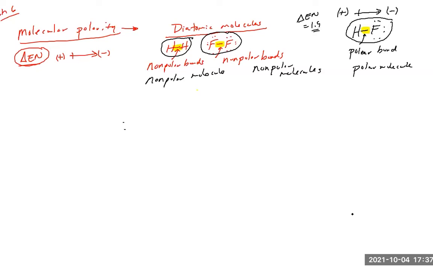Because it has only one bond, if you identify that one bond as polar, then the molecule will be polar. If you identify that one and only bond as non-polar, then the molecule itself would be non-polar. Any questions on diatomic molecules and polarity?